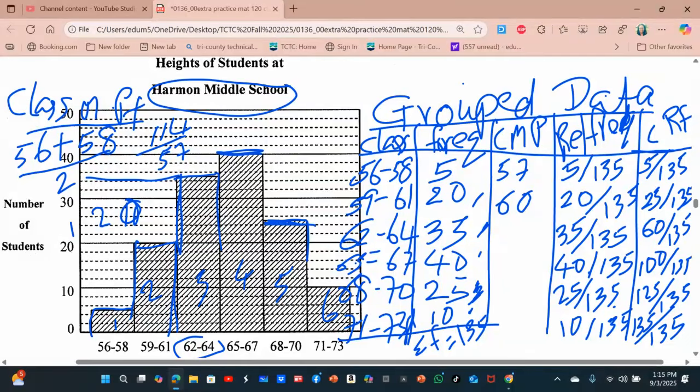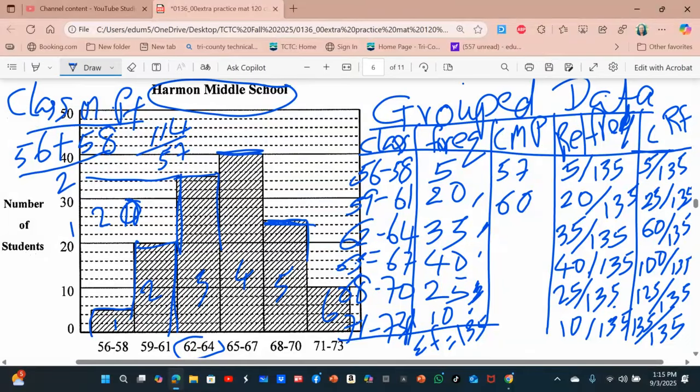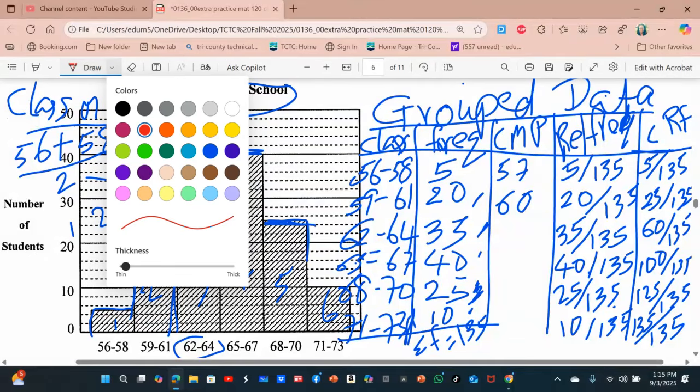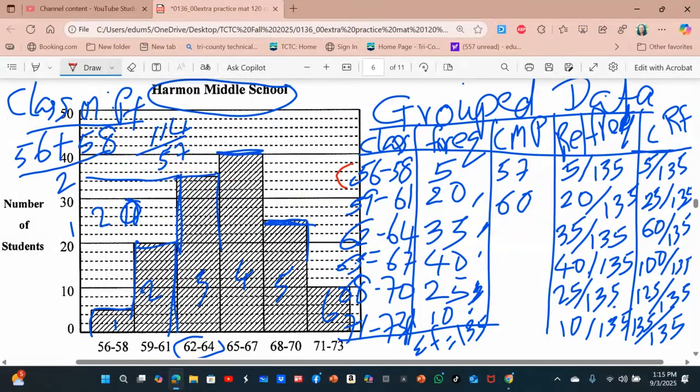But wait, let's see. What is the class weight? The class weight is the distance between consecutive lower limits. 59 minus 56 is 3. 62 minus 59 is 3.